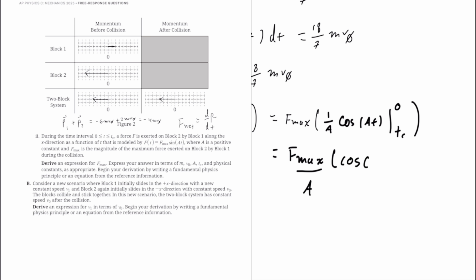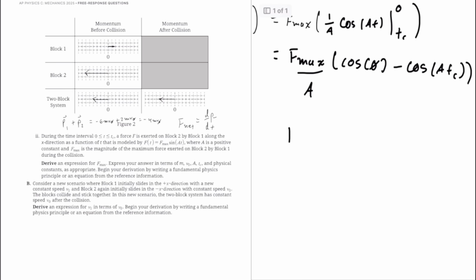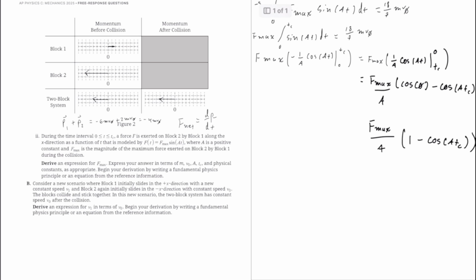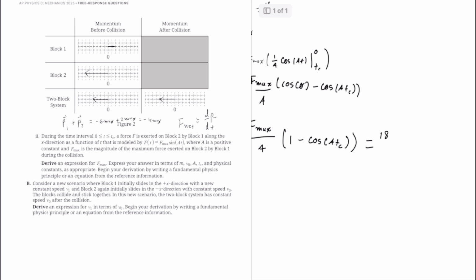It's going to be cosine of 0 minus cosine of a TC, right? And that becomes F max A cosine 0 is 1 minus cos ATC. And now that is equal to, like I said earlier, 18/7 MV naught.